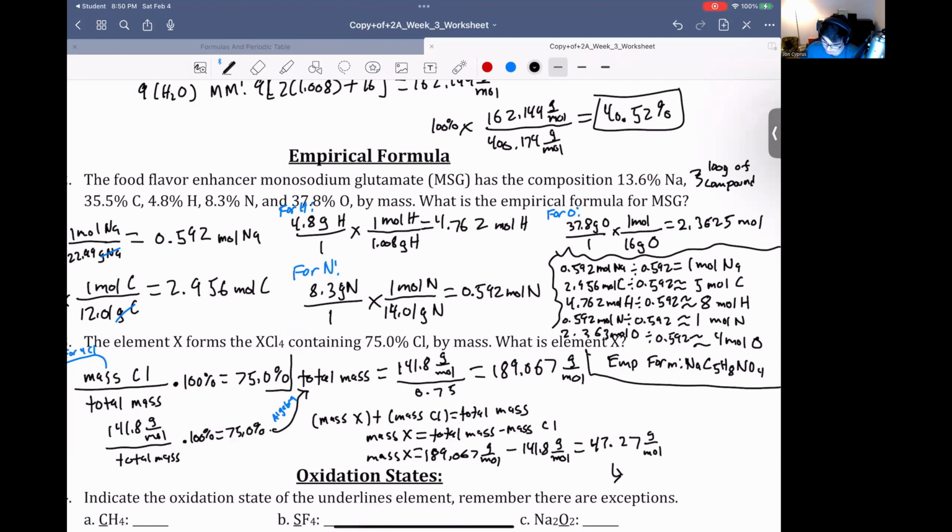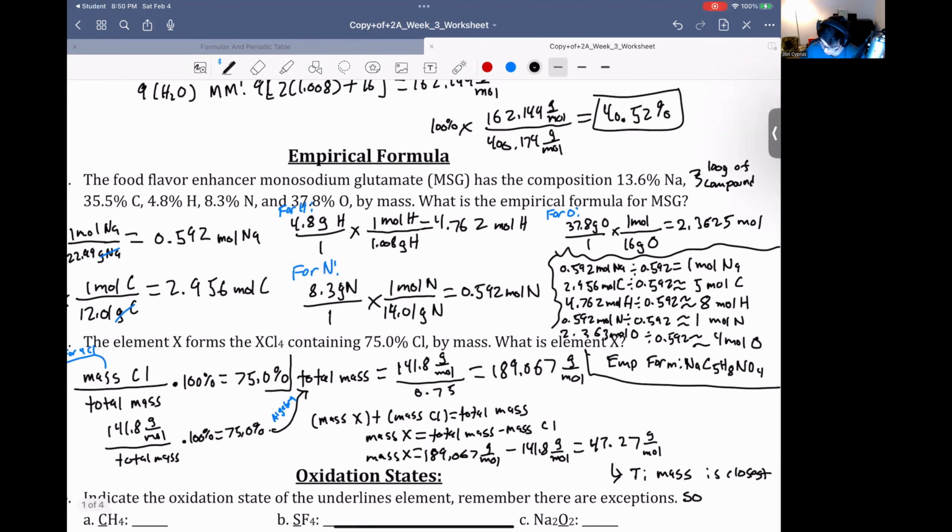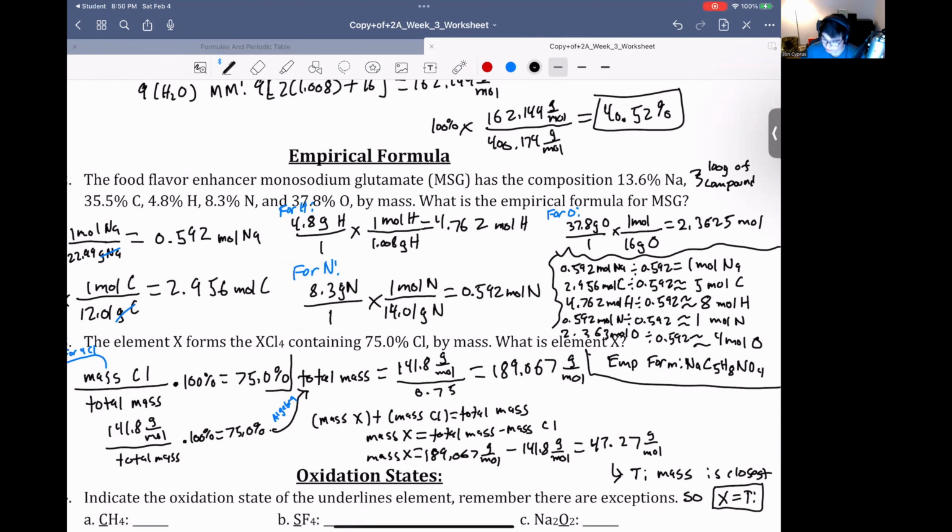So we know that this is titanium. X is equal to titanium. If you want to be really specific, you could say titanium 4 because of the oxidation state.